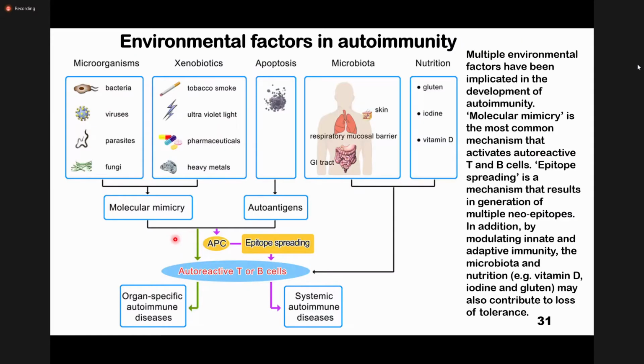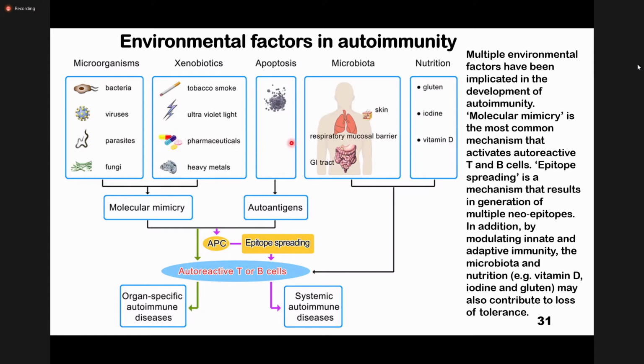Now, environmental factors are also important. There are many environmental factors: microorganisms, xenobiotics, which can be molecules or drugs, even light rays or heavy metals. What is the mechanism? Molecular mimicry. They can contain something similar to our self-antigens and mimic our cells.